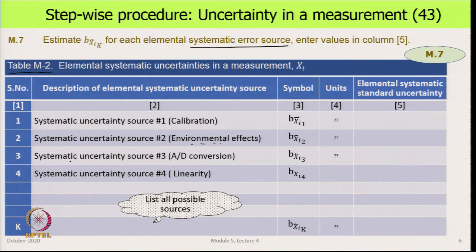The third could be from the A to D conversion, and so on. After we have listed all these, the units will of course be the same as the measurand, and then using data or experience we write the value against each row. The number of rows here is our k; in the previous case this was j.